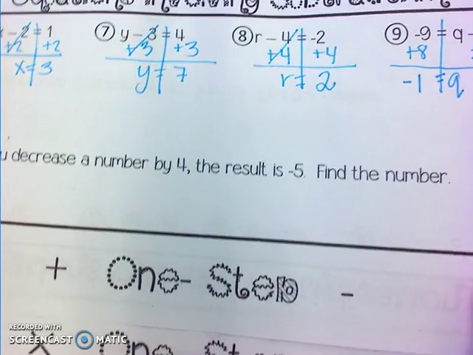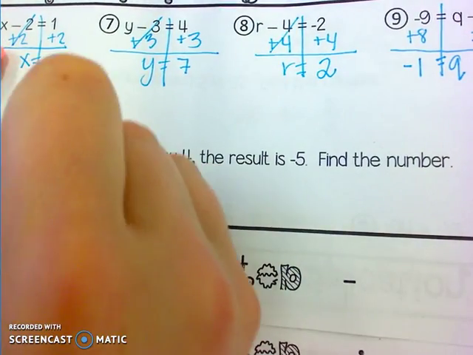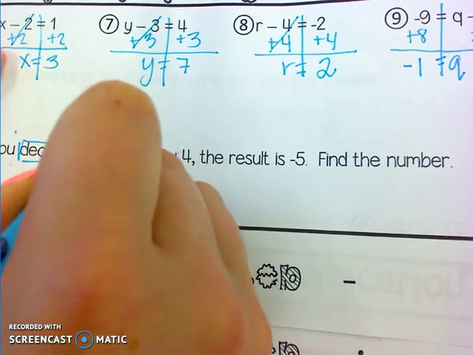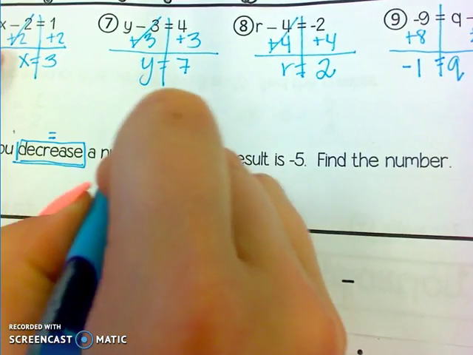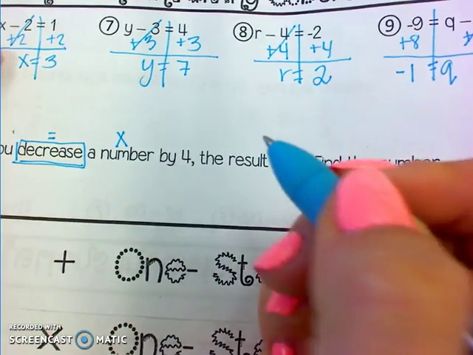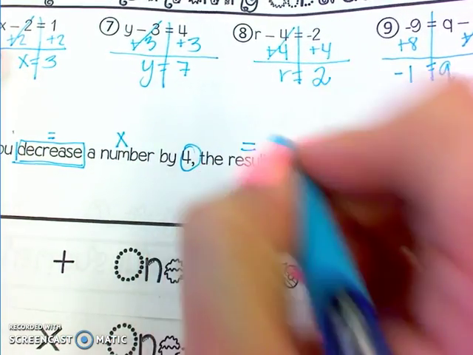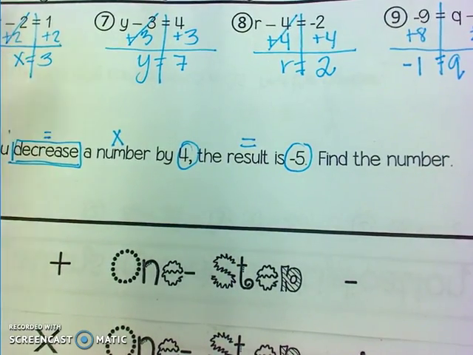And now I'm going to do a word problem. If you decrease a number by 4, decrease meaning subtract, a number, I don't know what that number is, that's going to be my x, by 4, the result, or the answer, is negative 5.